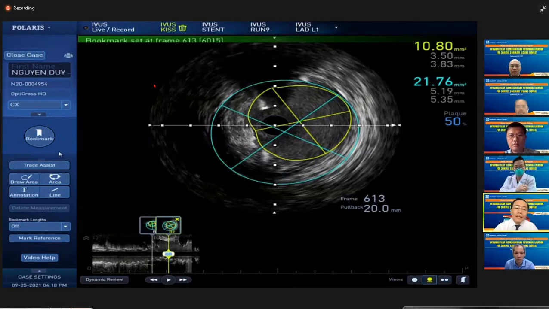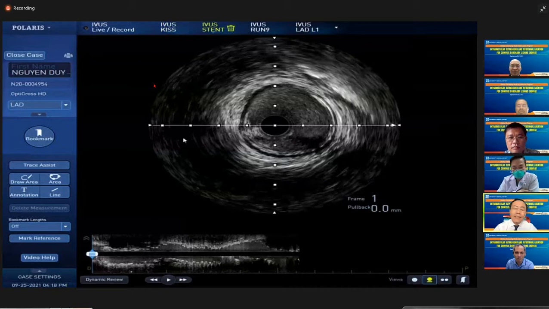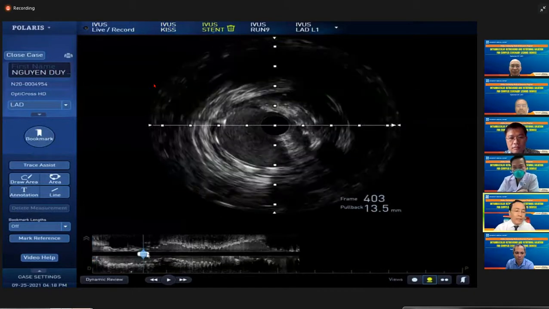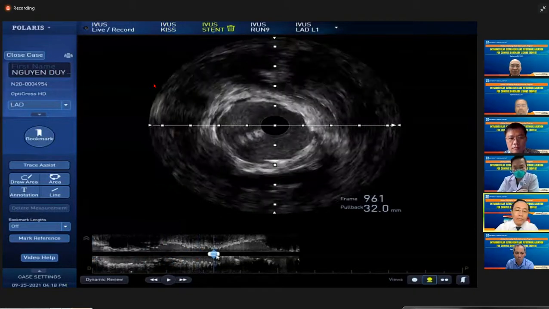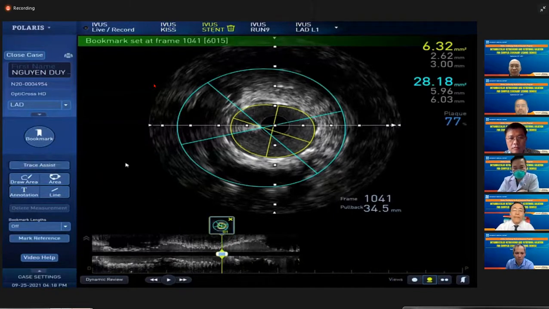In the old criteria, just more than 8 is okay, but now the new criteria maybe bigger than 10 square millimeters is the criteria for the left main. So this is the LAD, at the 8 to 9 o'clock position going outward.